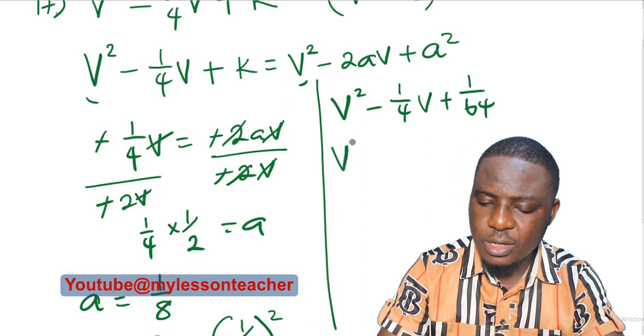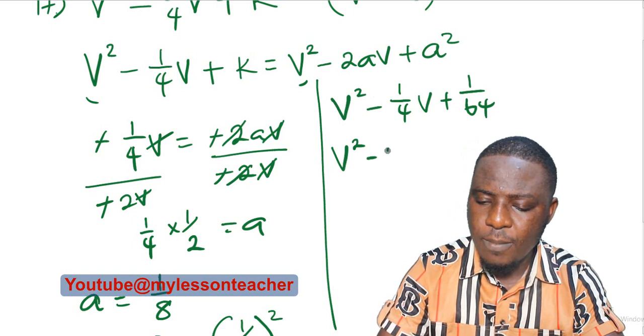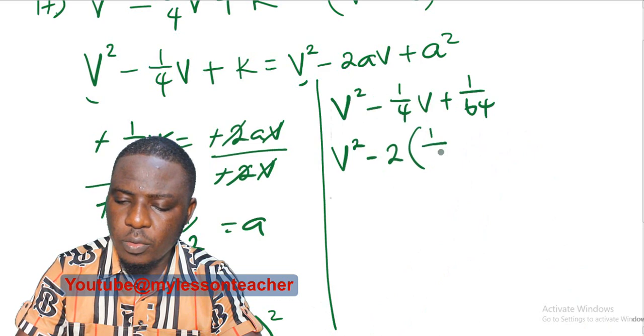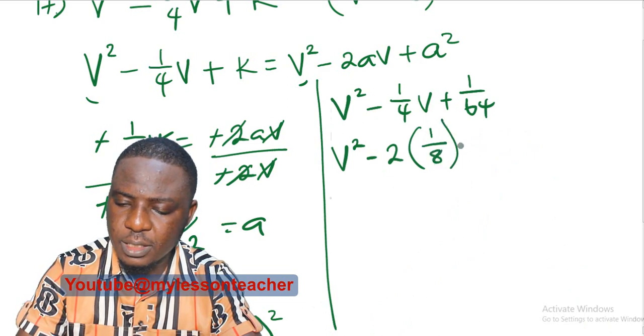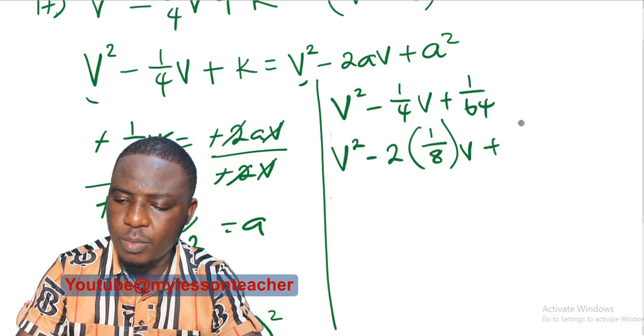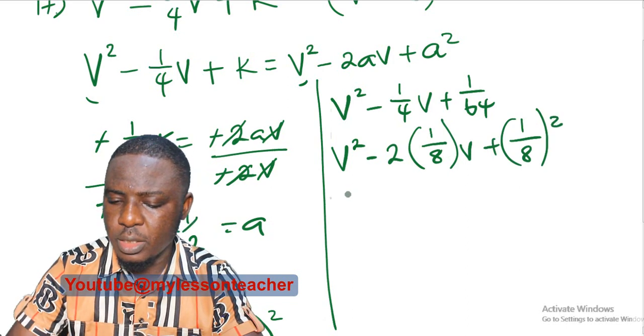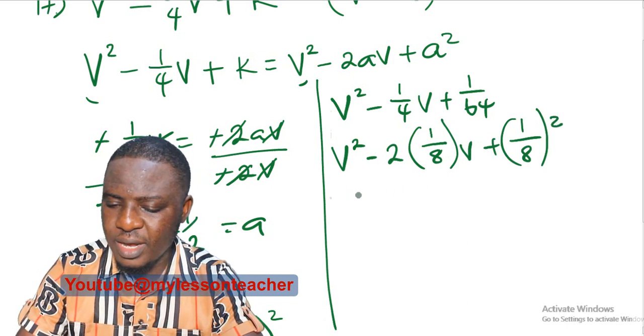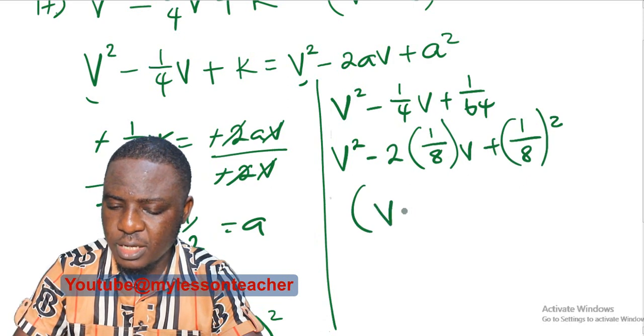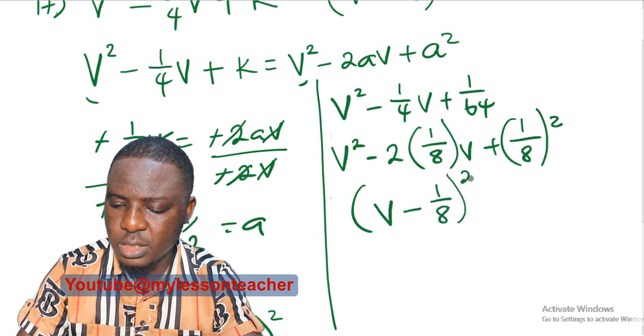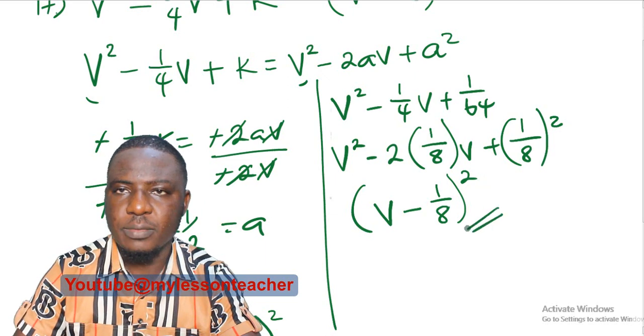So let's simplify. You have v squared minus 2 into 1 divided by 8v plus 1 over 8 all squared. So when you have simplified it to this one, you can then factorize it as v minus 1 over 8 all squared.